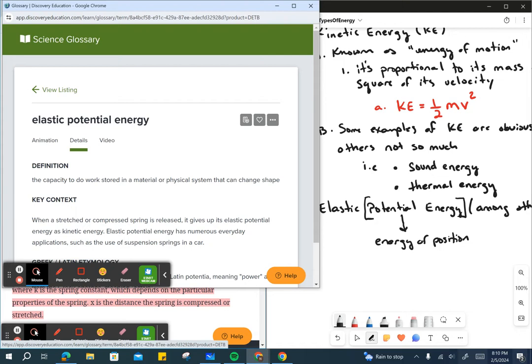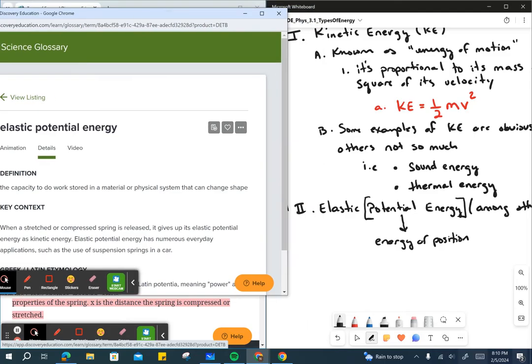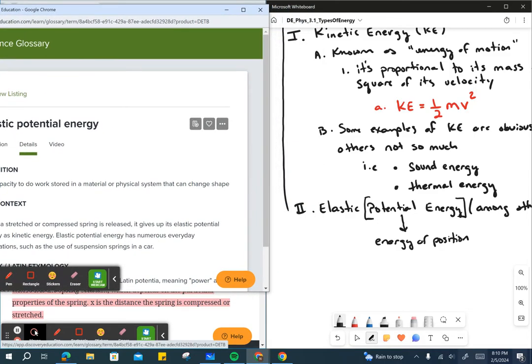A rubber band, pull it from its neutral position, and all of a sudden you know that rubber band has the capacity to do something, right? All because of the change of its shape. The capacity to do work. So maybe we want to write that down. Elastic potential energy.